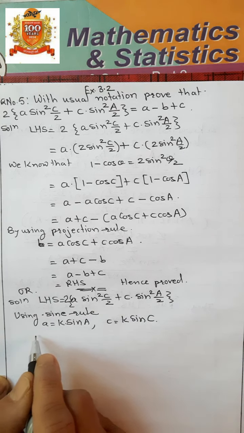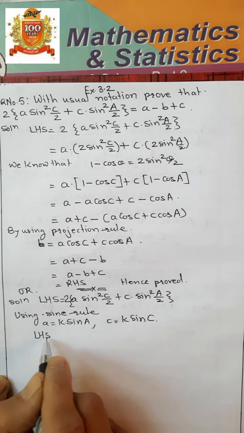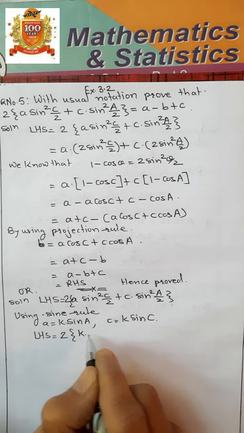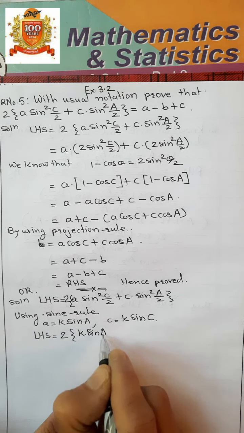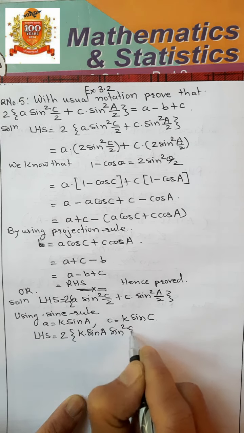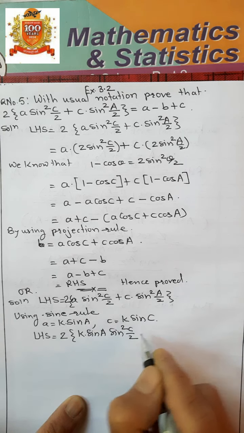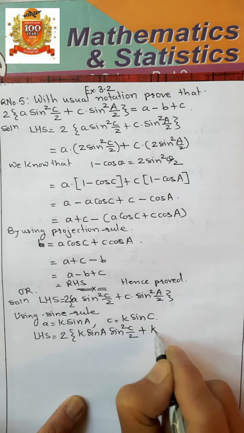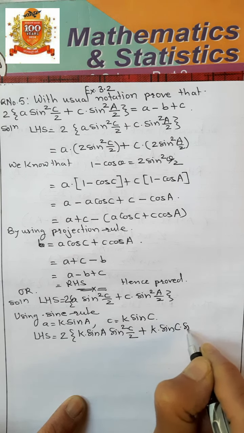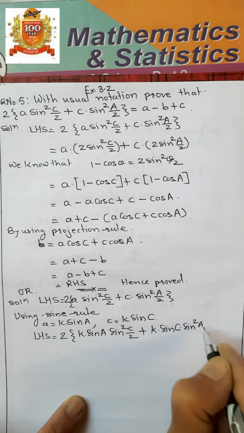Therefore, LHS is equal to 2 in bracket k into sin A into sin square C upon 2 plus k into sin C into sin square A upon 2.